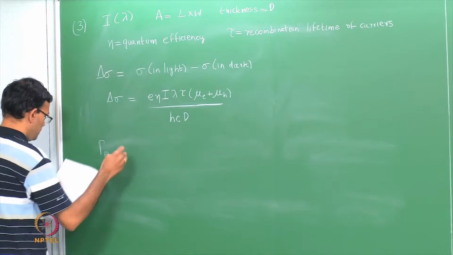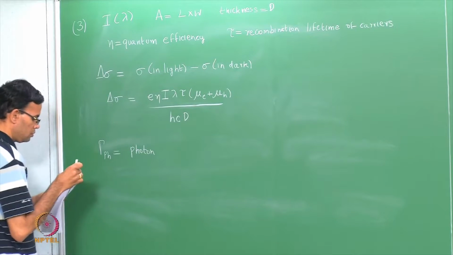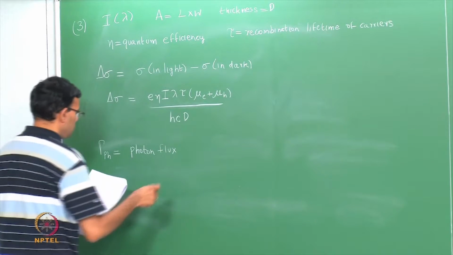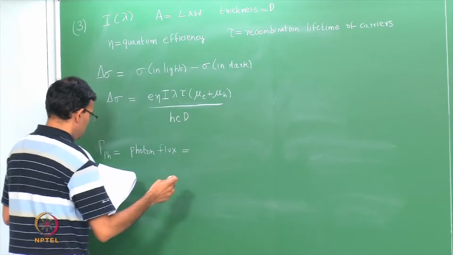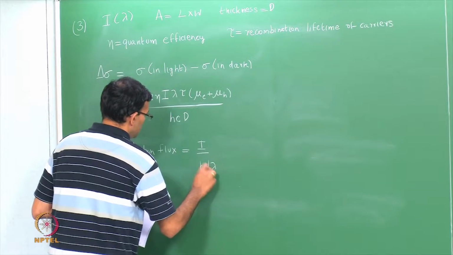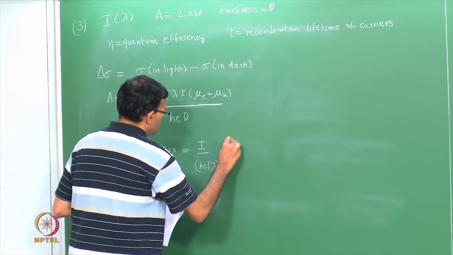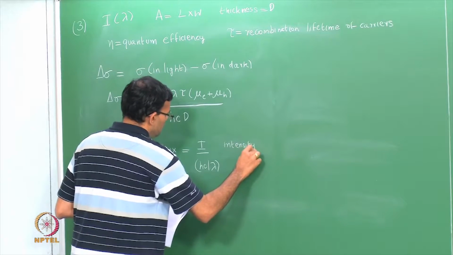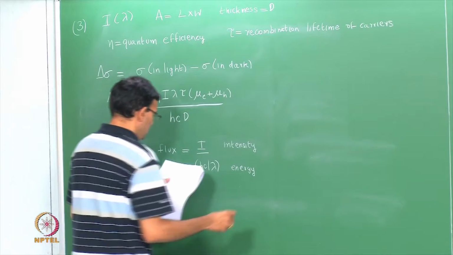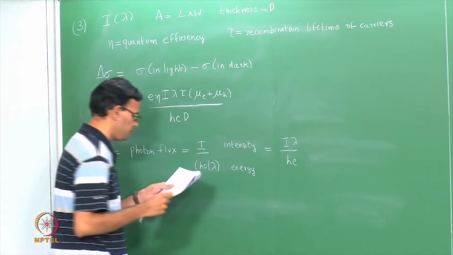So, phi ph is your photon flux, this is given by I, the intensity, divided by hc over lambda, which is the energy. So, this is I lambda over hc.